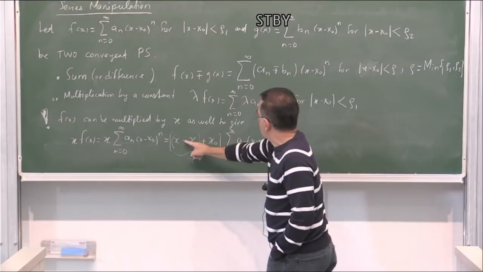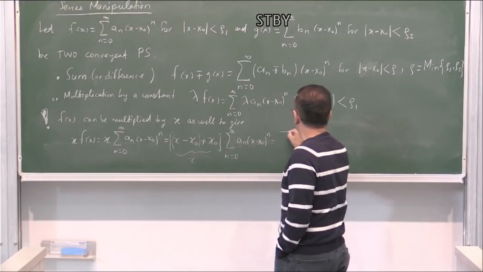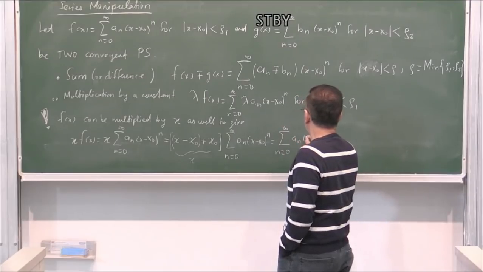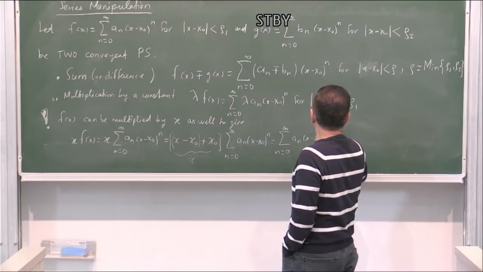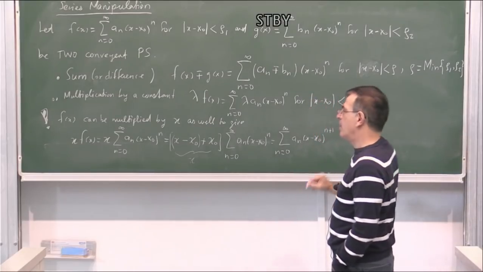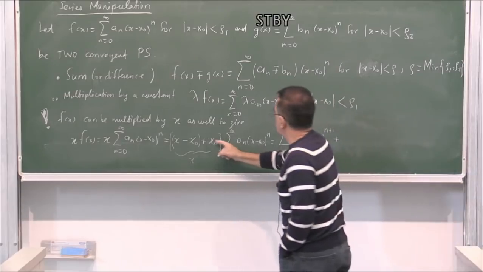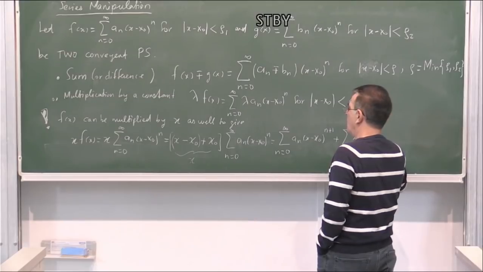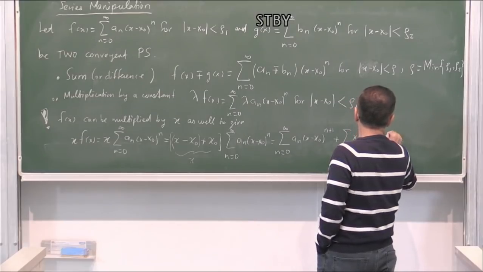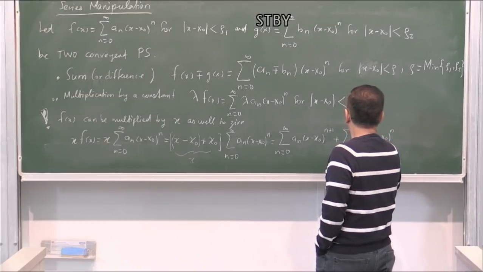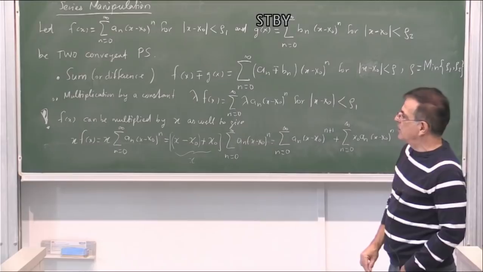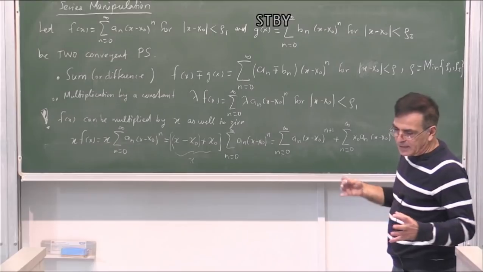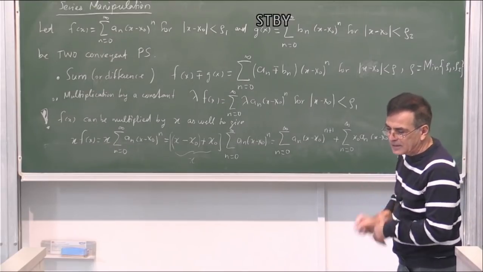So multiplying this series by x minus x0, we have this one from 0 to infinity an x minus x0 to power n plus 1. Plus, now x0 is a constant, so we have x0 times an x minus x0 to power n from 0 to infinity. So it seems that we get two series, but the two series may be incorporated under one series.